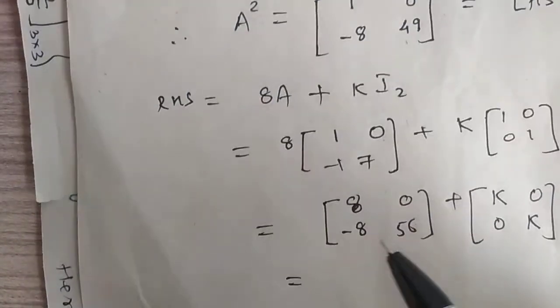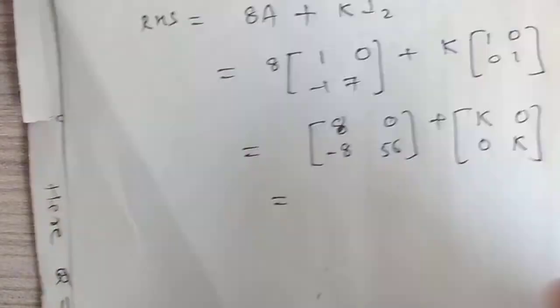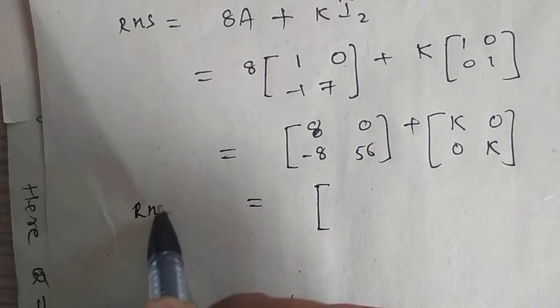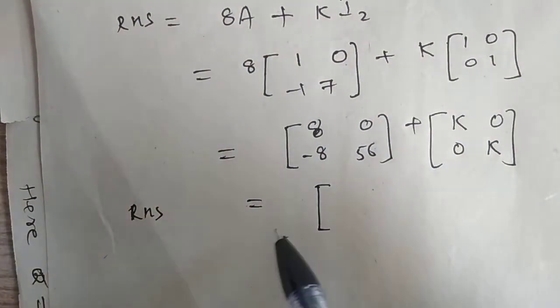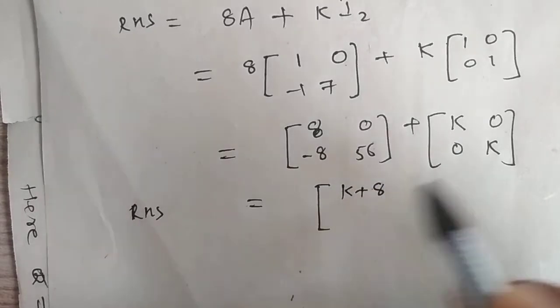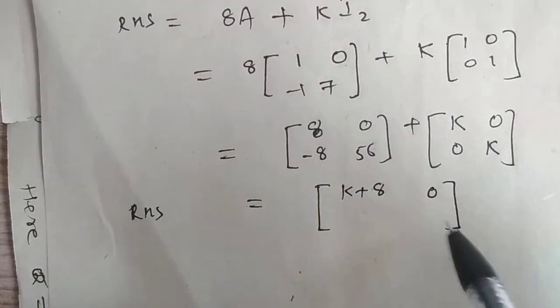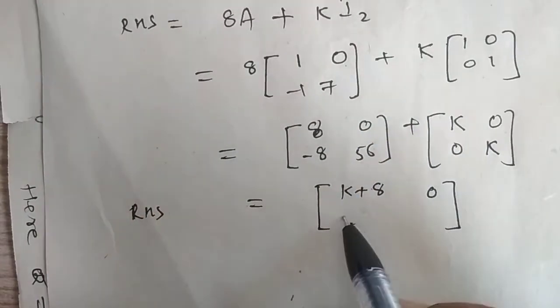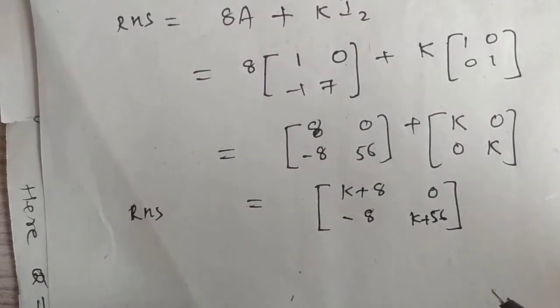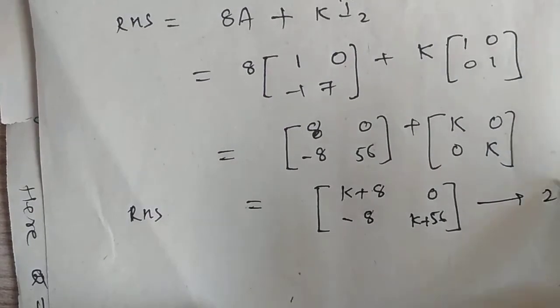We know how to add two matrices of the same order. So the RHS is becoming [k plus 8, 0; -8, k plus 56]. This is equation number 2.